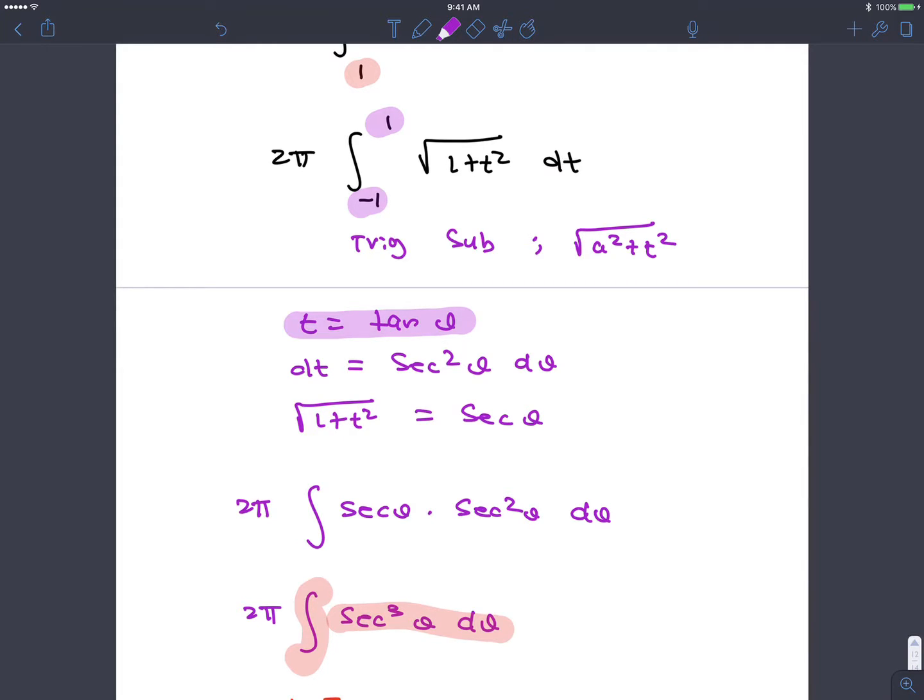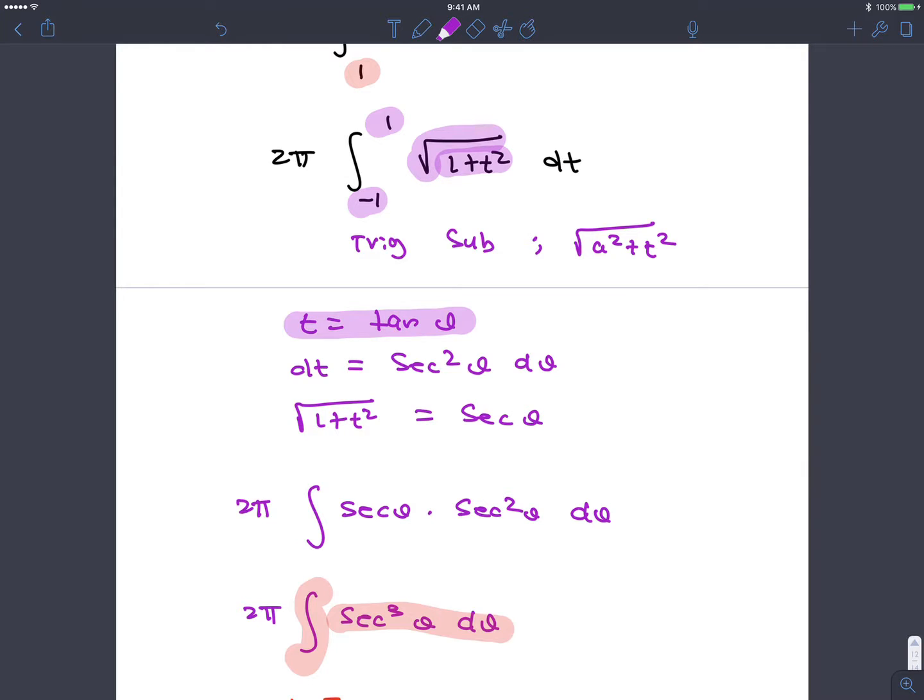What do I mean by that? You guys see what I'm talking about? This function here is even. Isn't that true? If I replace t with a minus t, isn't it the same function? So it's even. You okay with that? And then the interval is symmetric from -1 to 1.